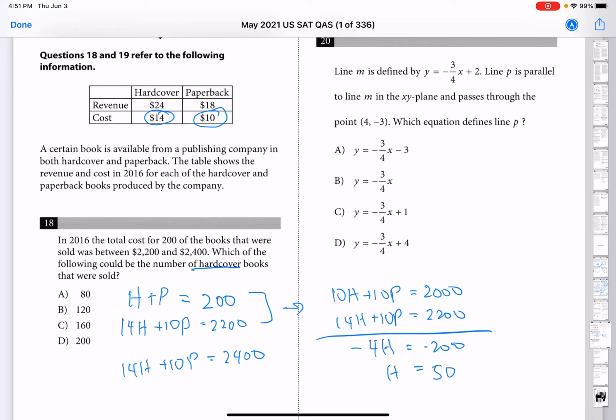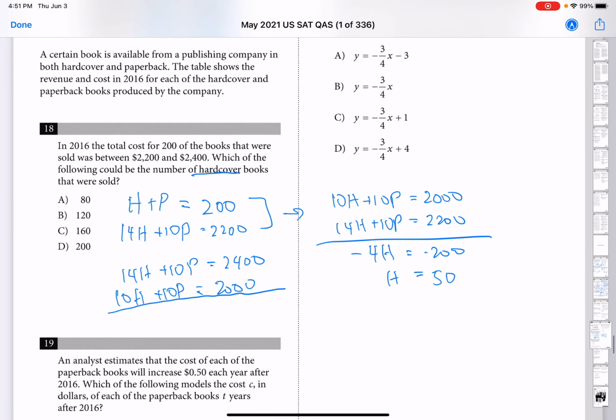And then let's solve for the other equation. It's going to be the same thing. H plus P is equal to 200, and then I'm going to multiply everything by 10. So I'm going to get 10H plus 10P is equal to 2,000. Let me see if we can get some more space over here. 4H is equal to 400.